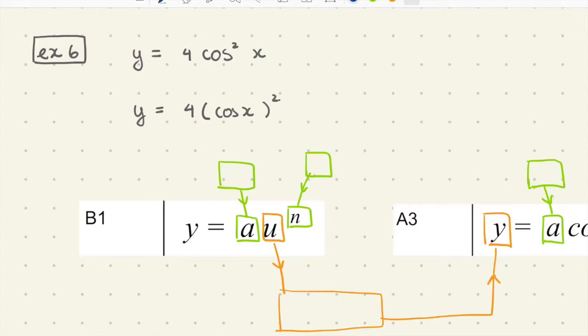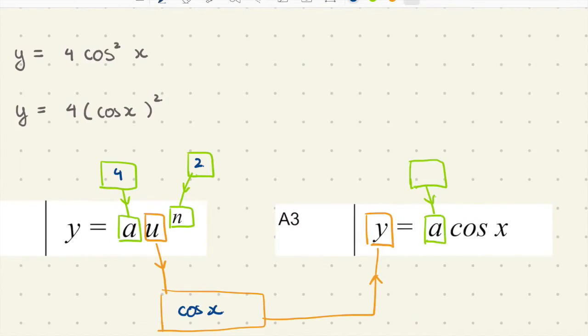A is equal to 4 and n equals 2 because you square the cosine x, and u is cosine x. And that cosine x is y in formula A3, y equals a cosine x. If you compare it to cosine x, that means a is equal to 1. Very simple.